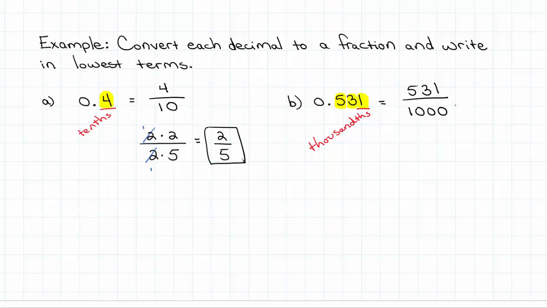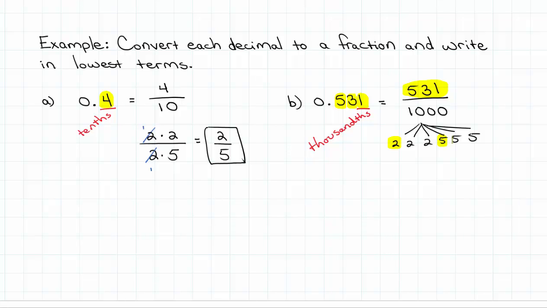Now you need to reduce this, if you can. I can tell just by looking at it that I can't reduce it. And some of you are probably wondering, how can you tell that? The prime factorization of 1,000, as we just stated earlier, is this. The only way we could reduce this is if 531 is divisible by 2 or by 5.